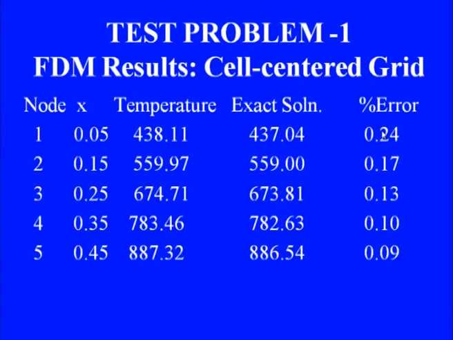Specifically prominent is the last figure, close to the right boundary where the flux was specified, we now get error less than 0.1%, and the reason for this accuracy is that at the right end flux has been approximated by a second order accurate central difference scheme.